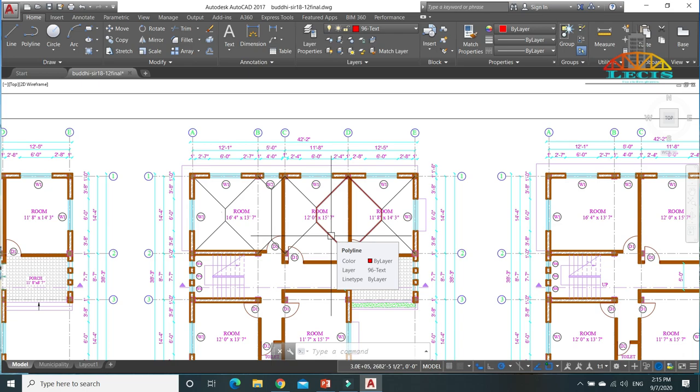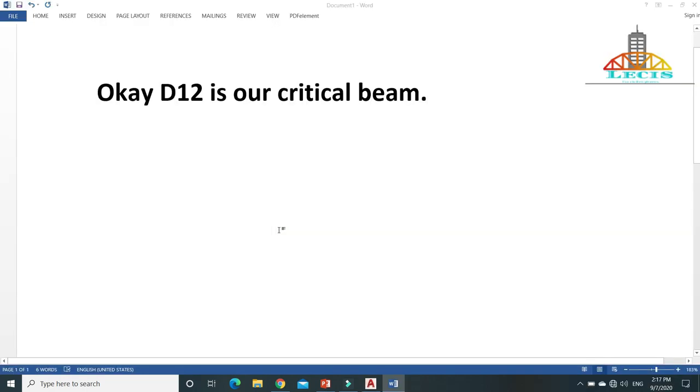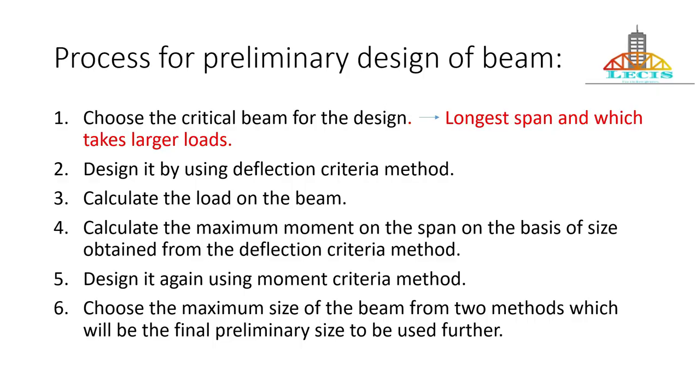You can also check it by calculating the area, but by visualizing it directly, I can see that this area is greater among all these areas. So our critical beam is D12. That is, this beam will be our critical beam. So D12 is our critical beam. So we have chosen our critical beam for the design.